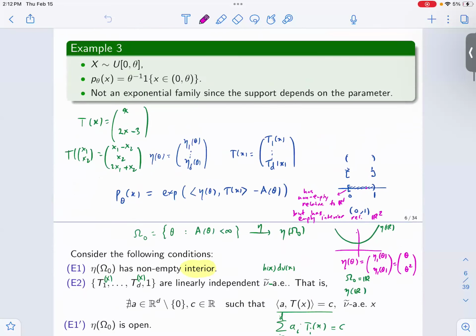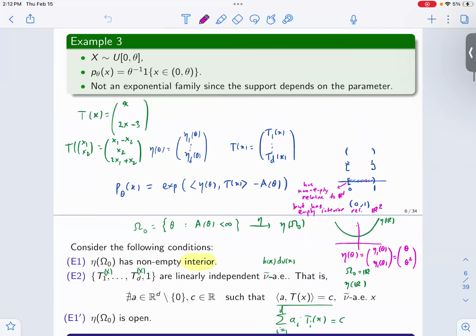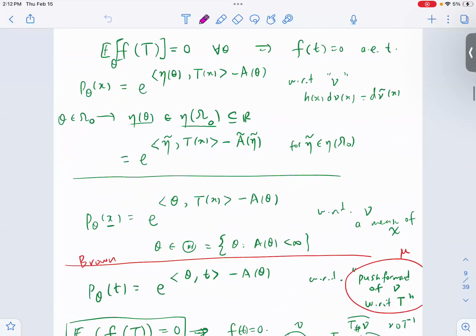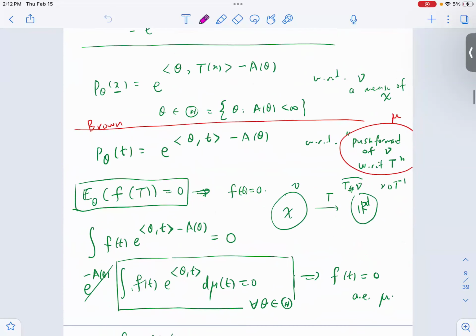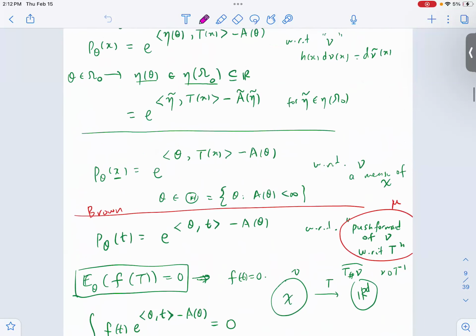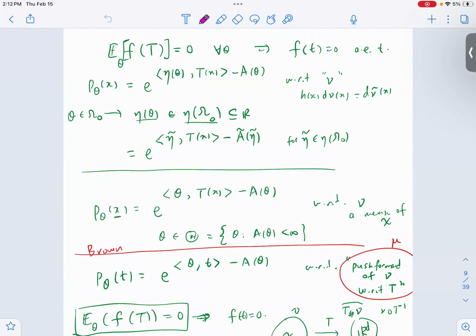It's actually here, right? It's here. Or yeah, okay.